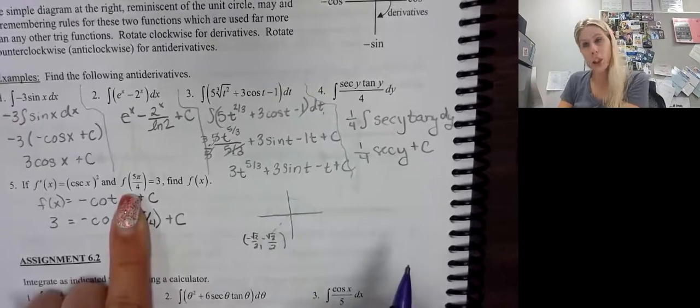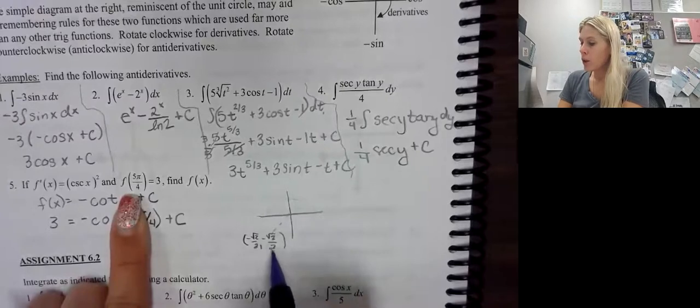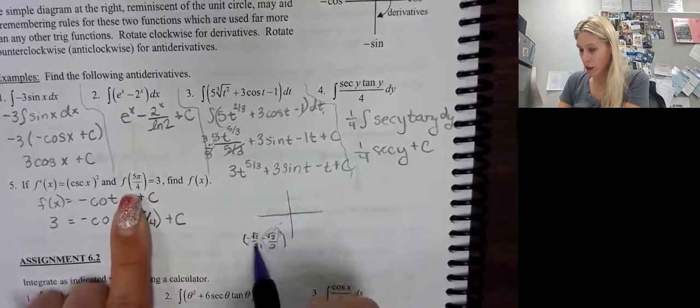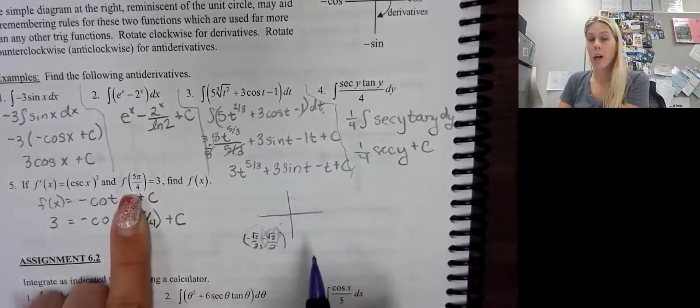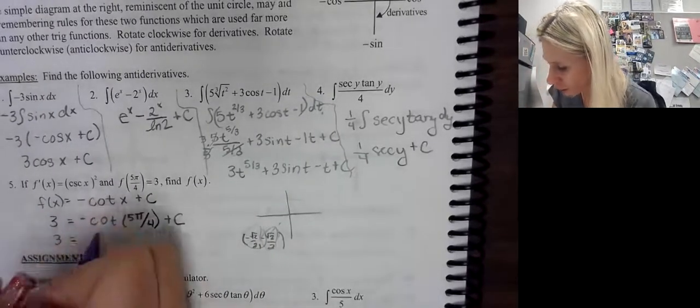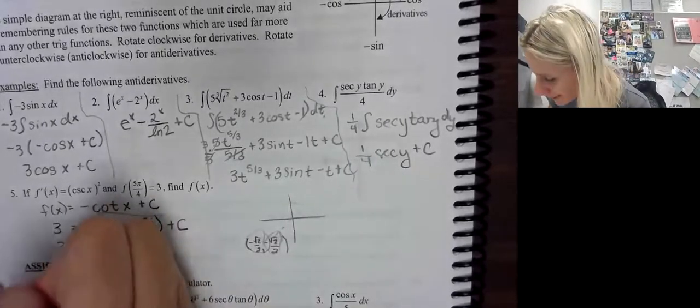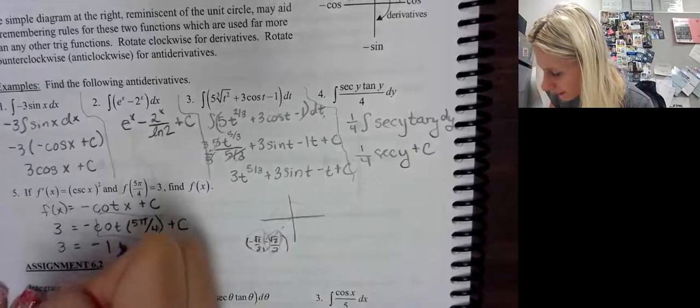Now, cotangent is cosine over sine. So cosine over sine would be the value of 1. So this part here is the value of 1. So I get negative 1 plus c.